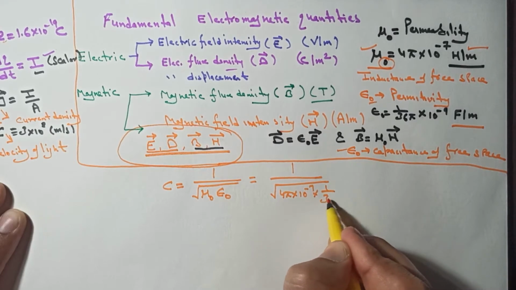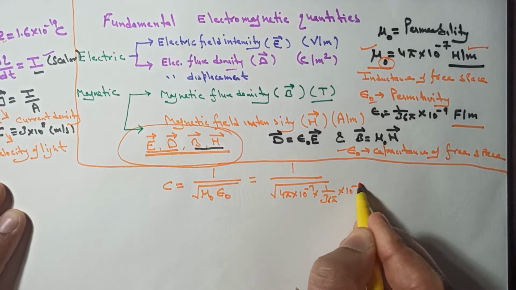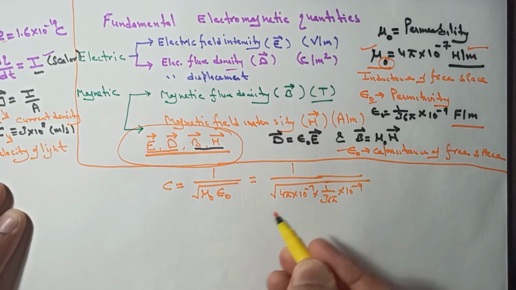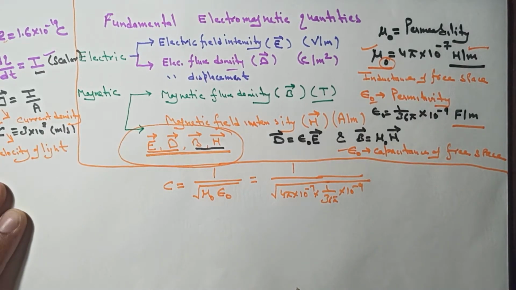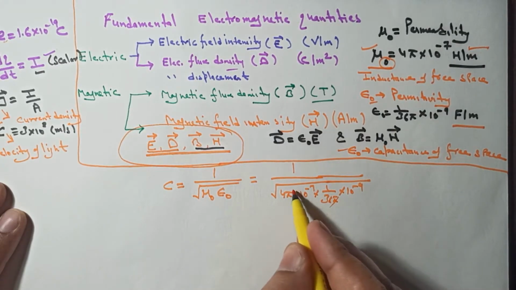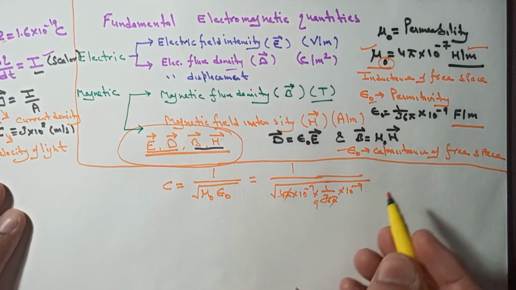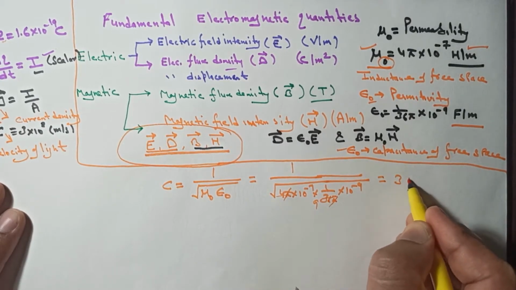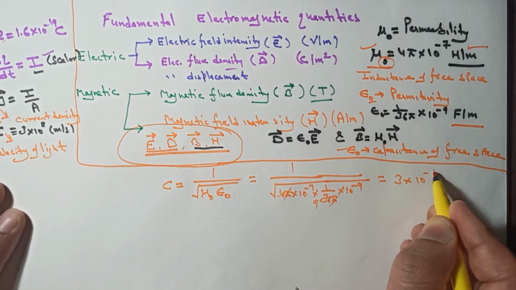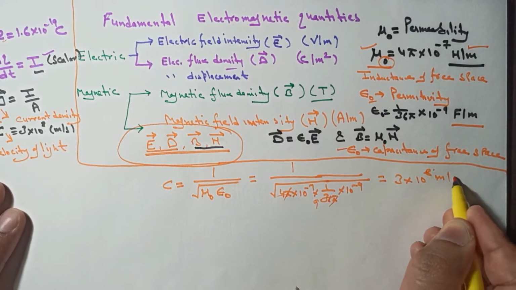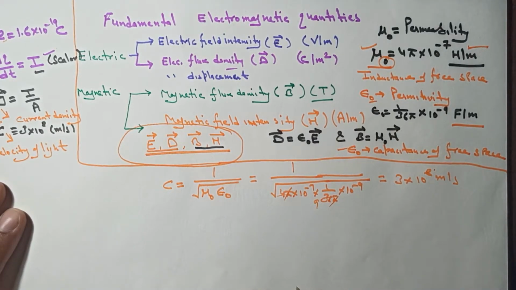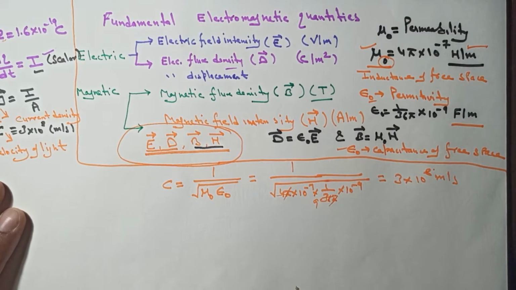What is the value of epsilon? 1 upon 36 pi into 10 power minus 9. You solve it, cancel by the 9. Then you will get approximately 3 into 10 power 8 meter per second.